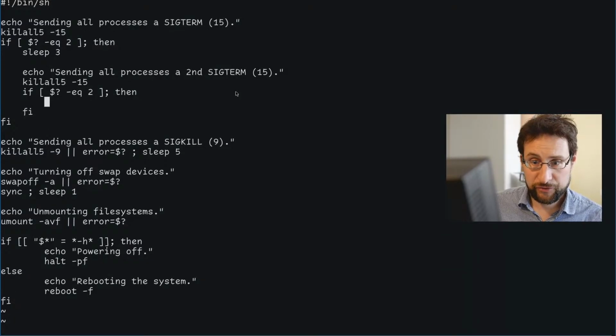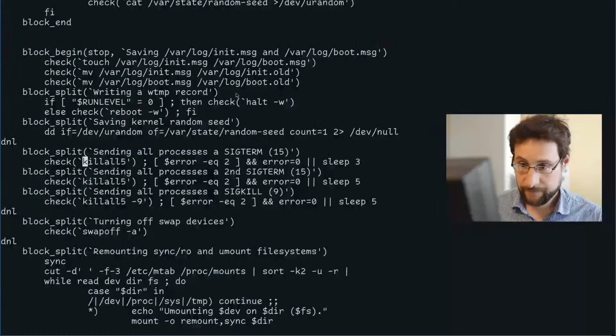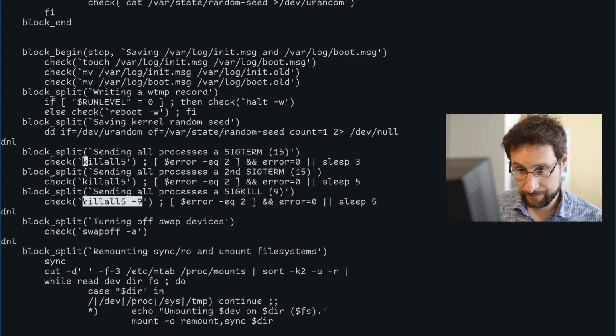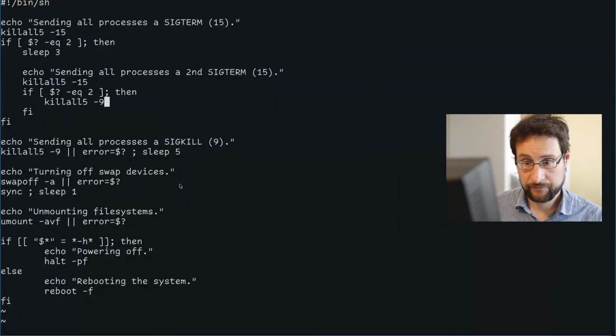Again, we shouldn't really need that here, but the only reason, yeah, we could also improve that, but whatever. That stuff I will commit separately. So, killall if exit equal to, then sleep 3, sending my process a second SIGTERM.